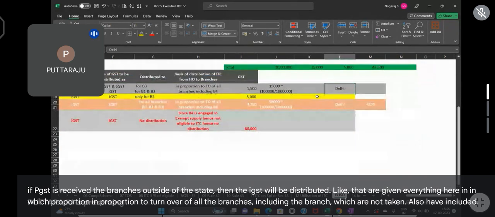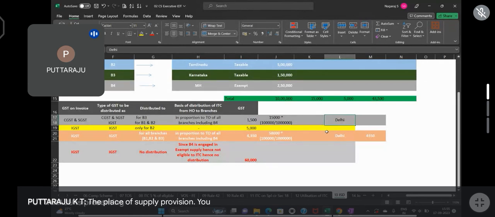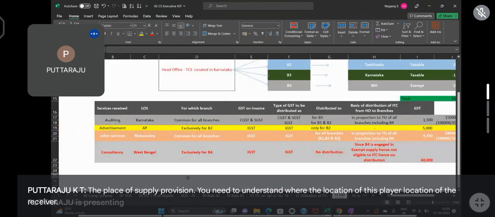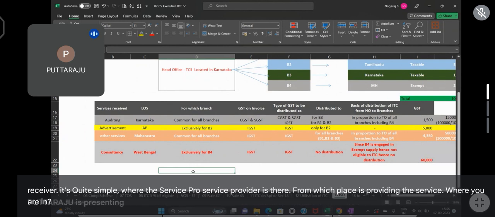Okay, here the place of supply provision, you need to understand where the location of the supplier and the location of the receiver are. It's quite simple. Where the service provider is, from which place he is providing the service, and in which state you are receiving the service.